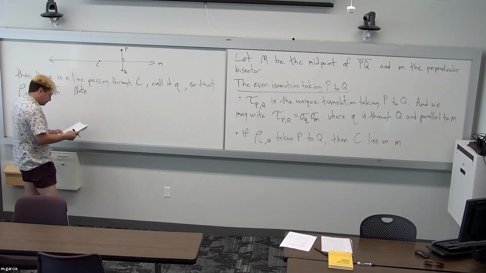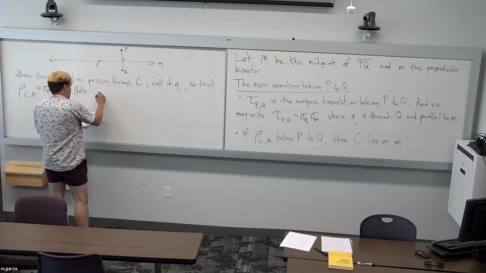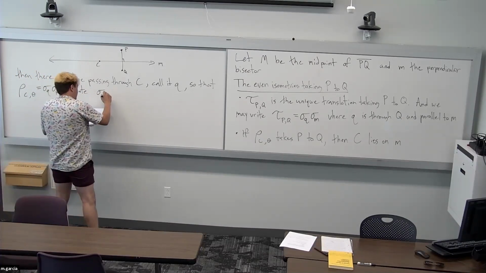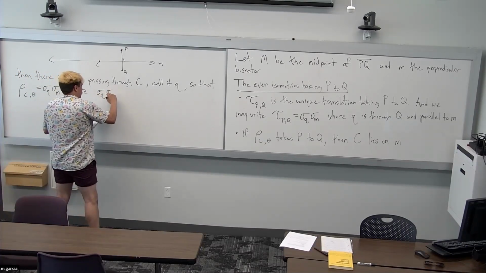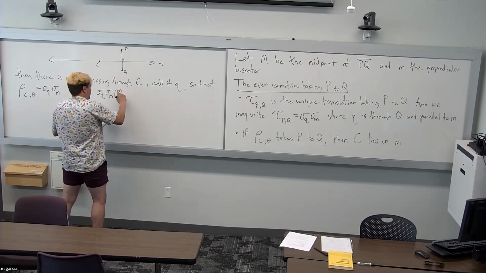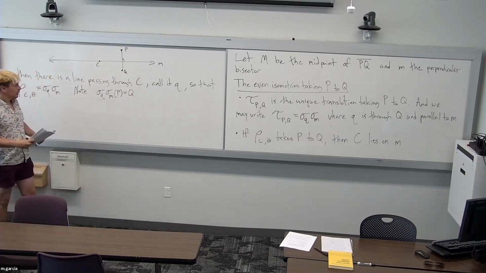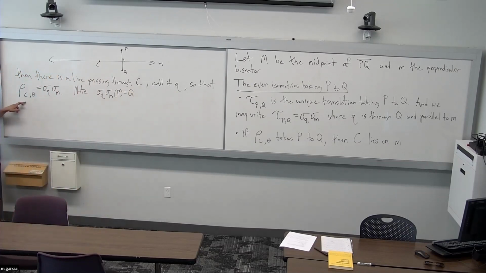Note, of course, that we have sigma q, sigma m of p is equal to q, because we assumed that rho sub c comma theta takes p to q, and this is just a different way of writing rho sub c comma theta.